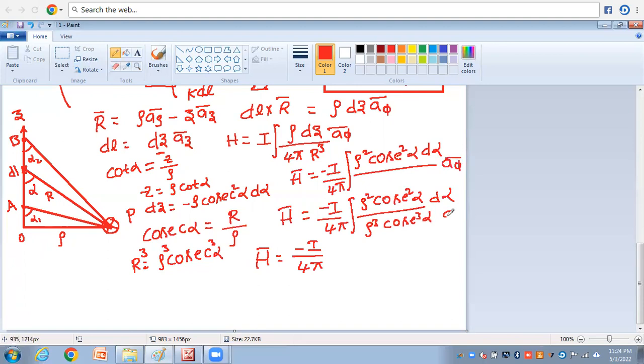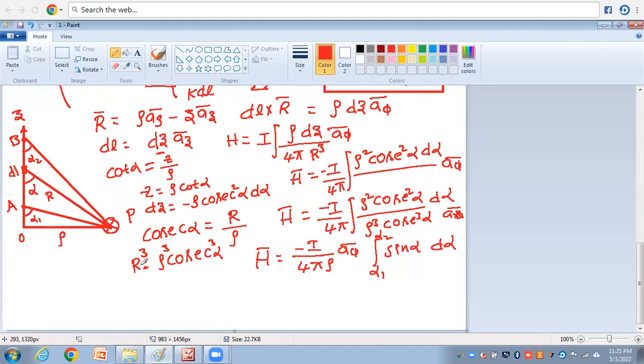In the integration alpha 1 to alpha 2, finally this is sin alpha with respect to d alpha.